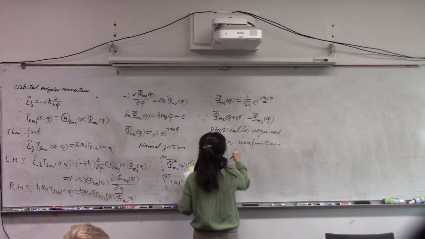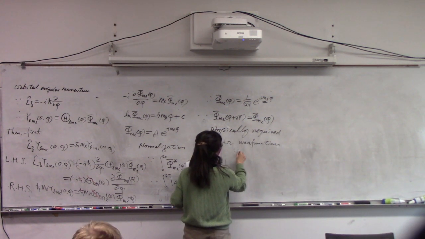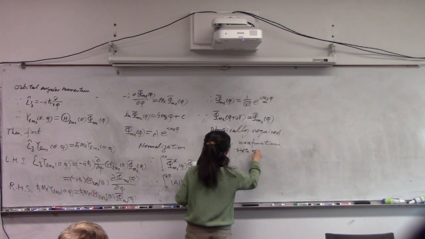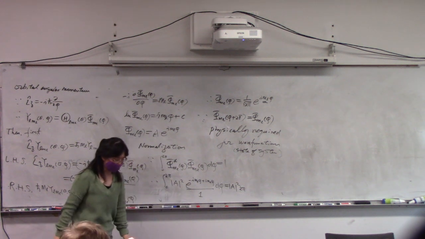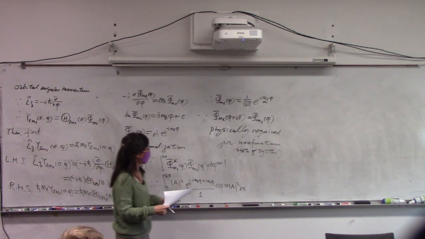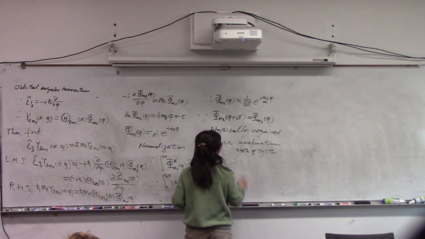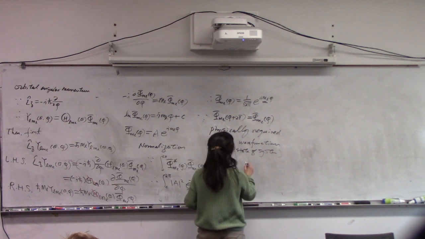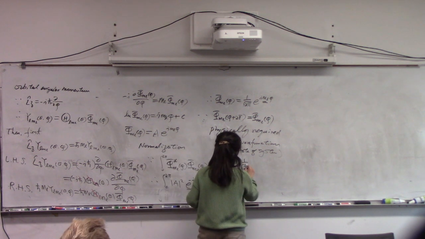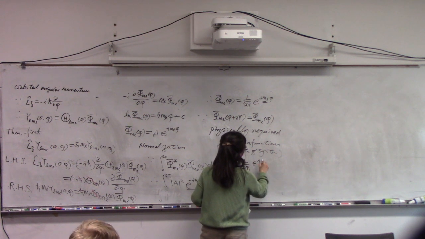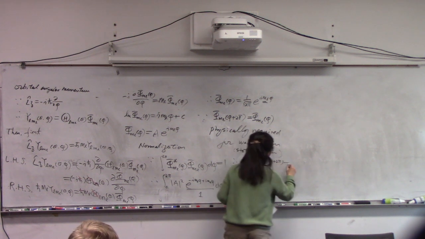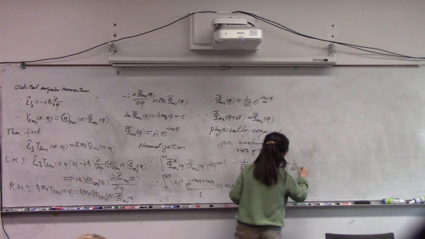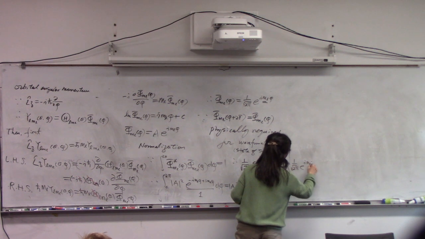You cannot have one position with two states, right? Okay, so what does that mean? That means here 1 over square root of 2 pi times exponential i m_L (phi plus 2 pi) is equal to 1 over square root of 2 pi times exponential i m_L phi, right?